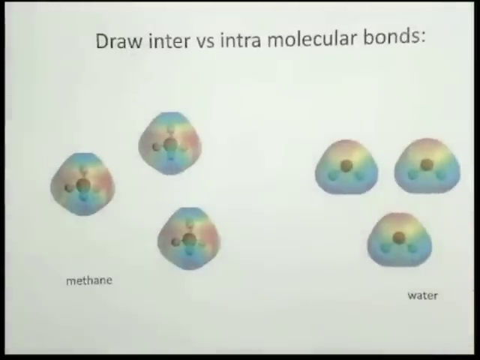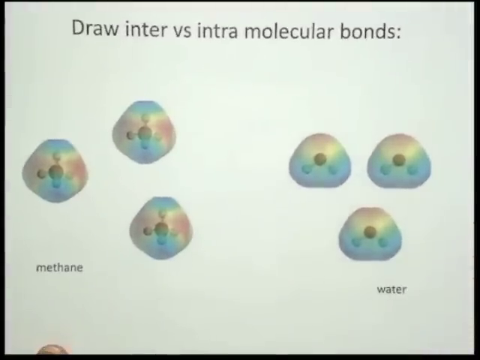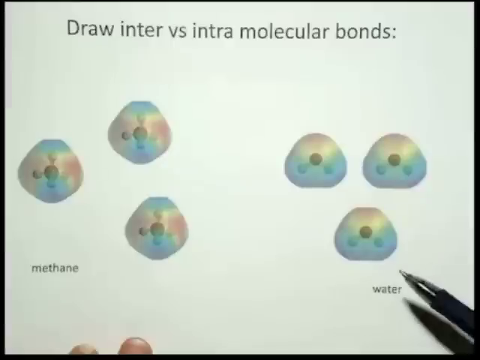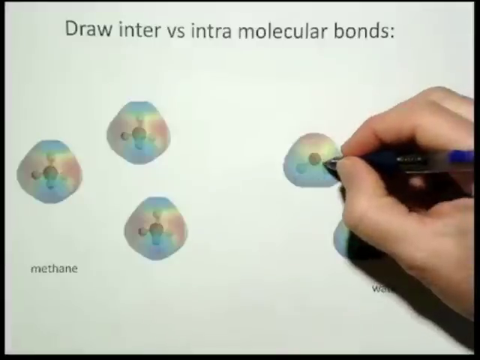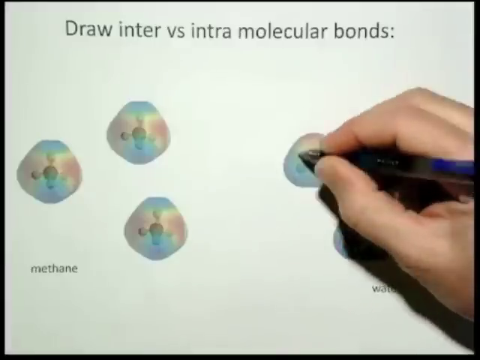Let me show you. Here's another example. These are methane molecules, and these are water molecules. If you're looking at this picture, the question I would ask you is, can you draw the inter versus intramolecular bonds? Can you look at these images and decide what's inter and intra, or can you draw them? In this case, this is the water molecule.